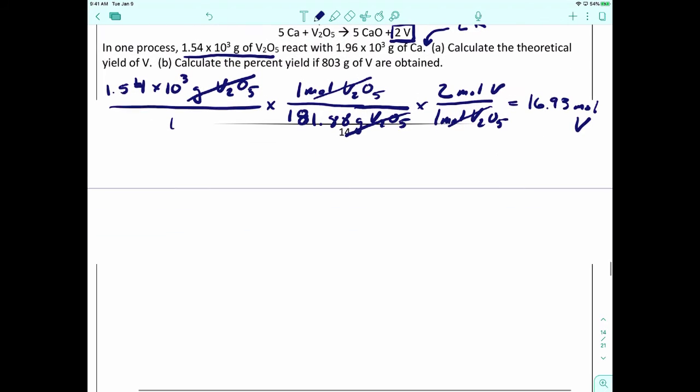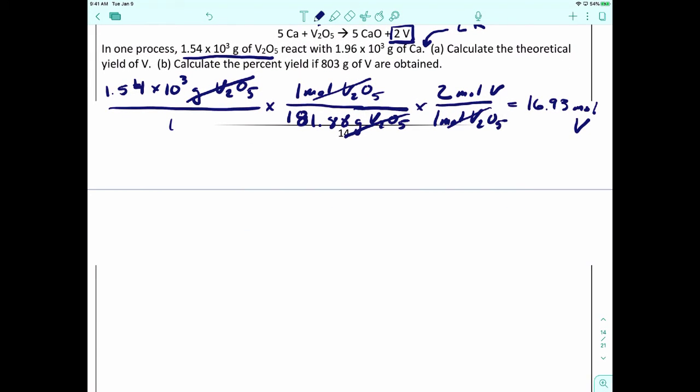All right, so let's try the other one. We're told we've got 1.96 times 10 to the third grams of calcium. We need to convert this from grams to moles.